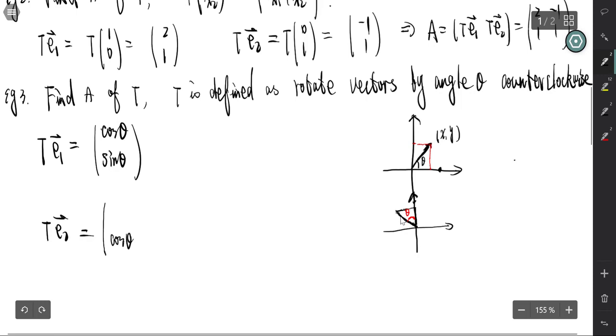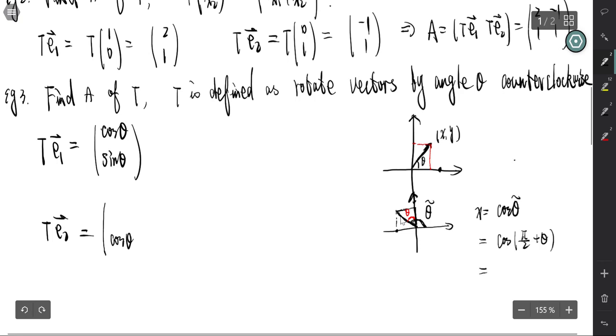But what about the x coordinate? If we choose this angle, by the definition of trigonometric ratios, maybe we call it pi over 2 plus theta, then the x coordinate should be cosine of pi over 2 plus theta.